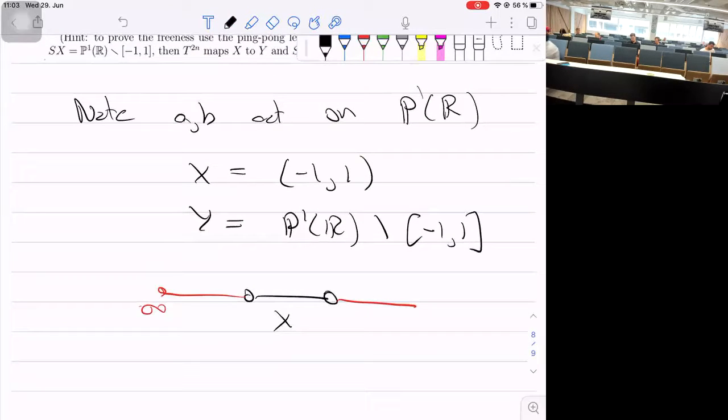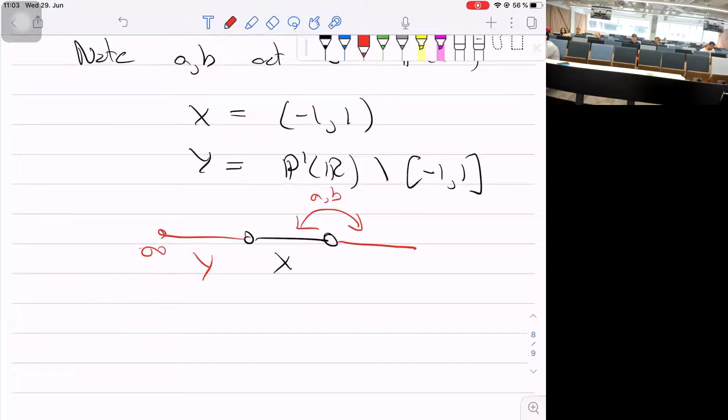And the key observation is that matrices A and B will flip X to Y and Y to X. So if you apply matrix A or B to X, you land in region Y. If you apply it to Y, you land in region X. So A and B just keep doing this interchange.